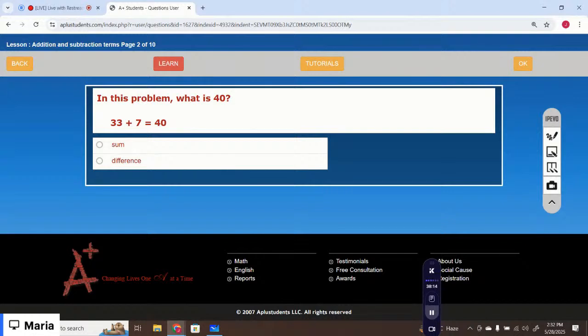In this problem, what is 40? That is 33 plus 7. So 40 is the sum of 33 and 7. 40 is the sum.